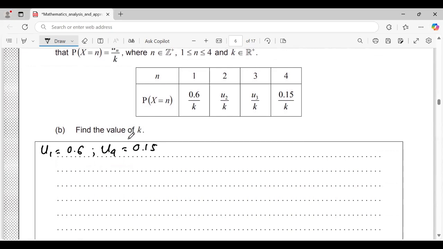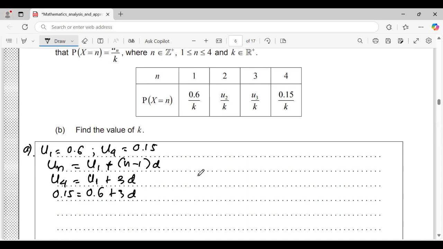And the formula for un is u first plus n minus 1 multiply d. It means if u4, n is 4, it means 3d. So u4 is 0.15, u first is 0.6 plus 3d.